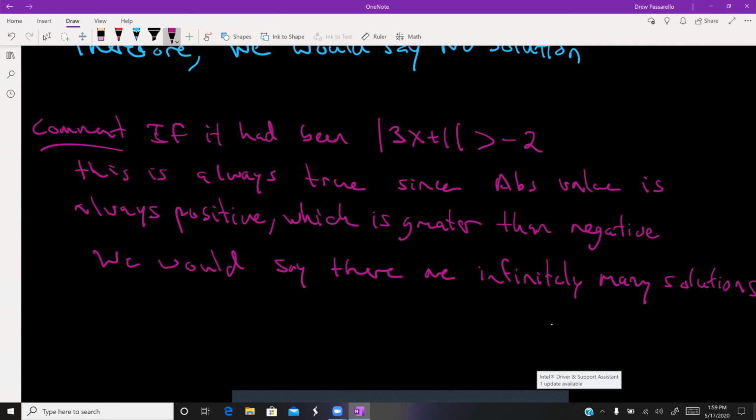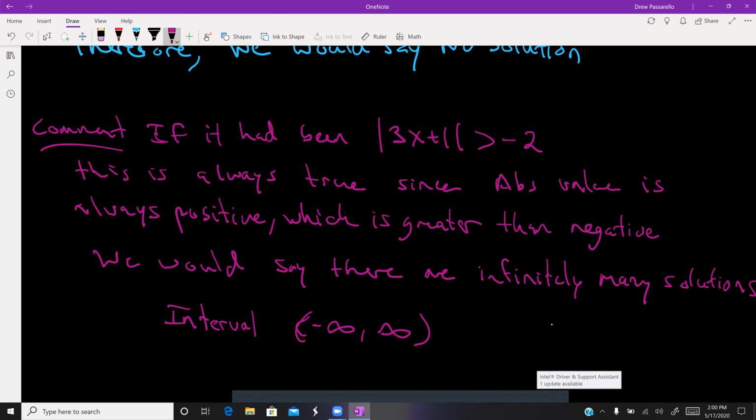As an interval, we would say that's negative infinity to positive infinity. All right, I'm just saying as a comment, that's not what the problem had, but if it was a greater than sign right there, that's always true: an absolute value of some quantity is going to be greater than a negative number, since we know the absolute value results in a positive number, and a positive number is always greater than a negative number.